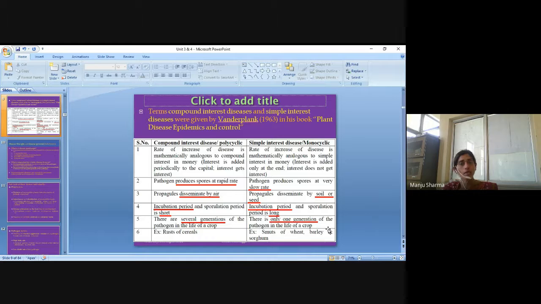In polycyclic, there are several generations of the pathogen in the life of a crop, and in monocyclic, there is only one generation of the pathogen in the life of a crop. For example, polycyclic is like rust of cereals, and monocyclic is like smut of wheat, barley, and sorghum.